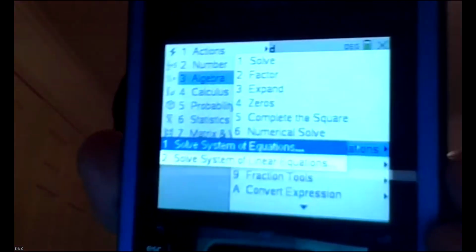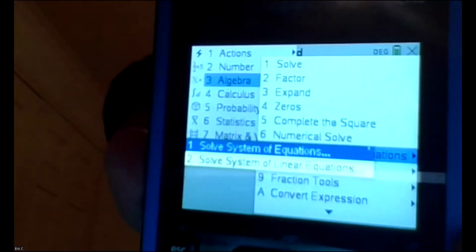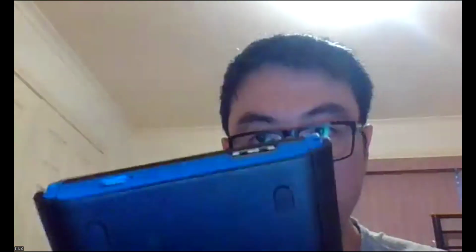That one's done. Then you want to go to algebra, then go to solve system of equations and select 1. Don't select 2, select 1 from this one. So algebra, solve system of equations, press enter, then select two equations and go for a comma b. So we're solving for variables a and b, then just go okay.